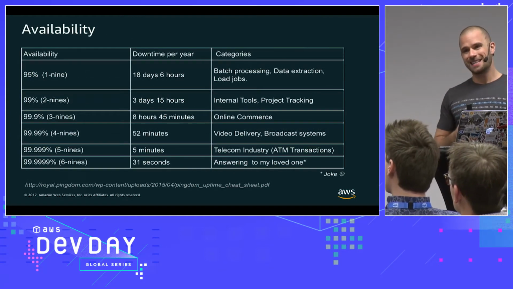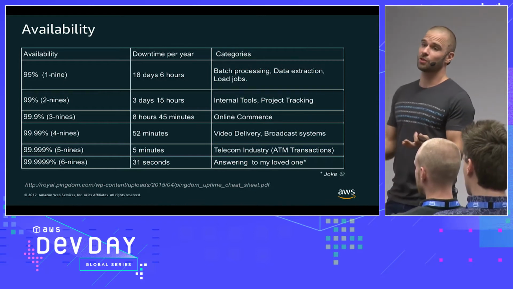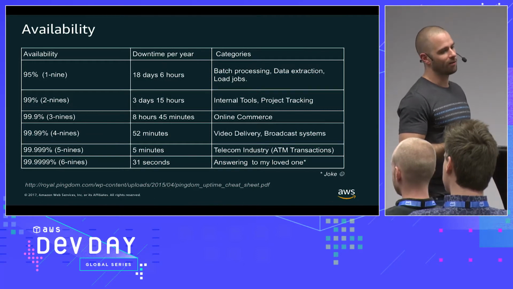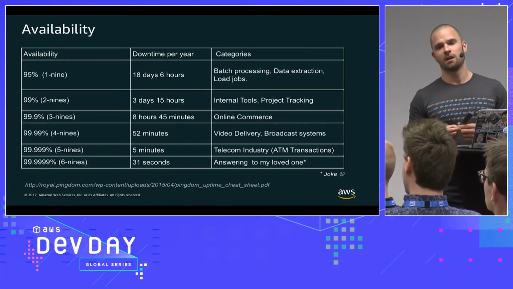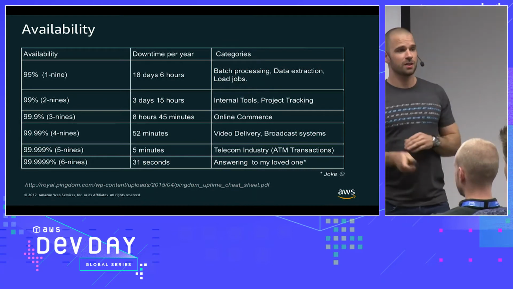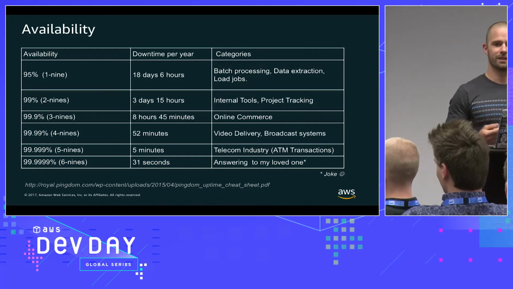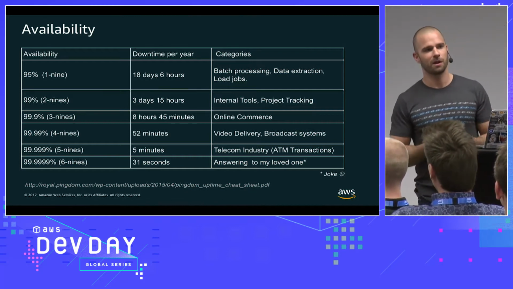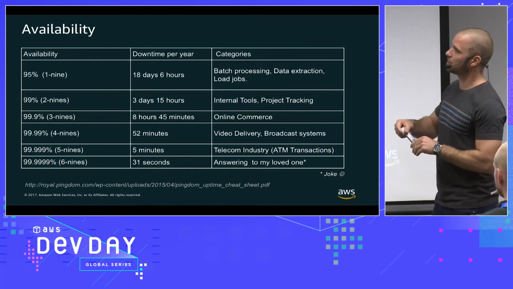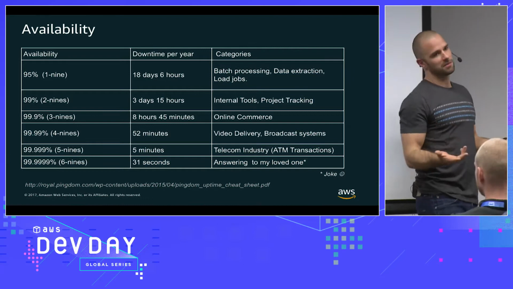A couple of things that are very important to understand when you talk about reliability is what's your system availability. And just to give you an idea of what availability is, I'll start at 95% because in the industry, if you're below 95% you're not serious anymore, right? That means that in the age of cloud, if you can't achieve less than 18 days of downtime, there is something wrong, right?